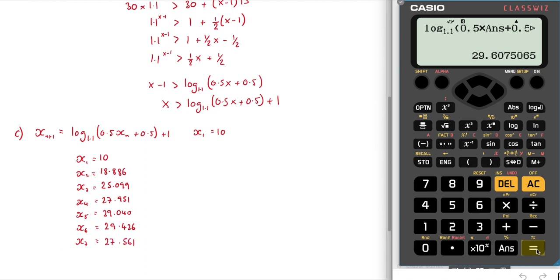Let's just do a couple more just to check it's not going to go wildly off. x to the 8 is 29.607.